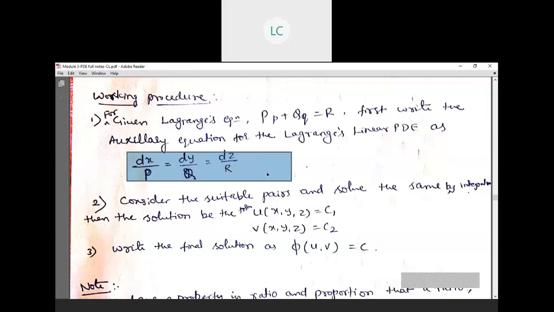This is the first step: after writing the given equation in the standard form, we write the auxiliary equation for that equation.